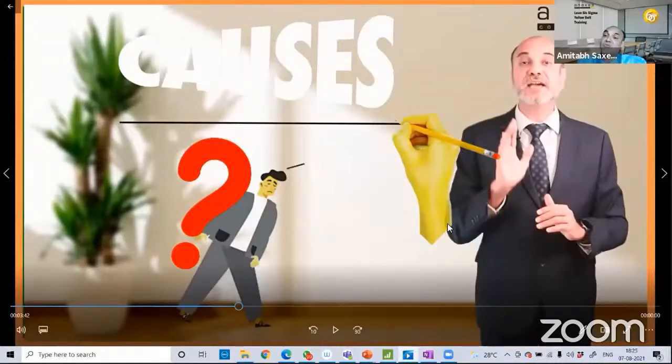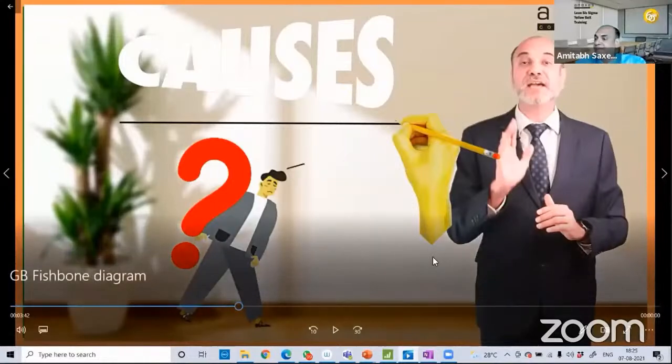Master black belts know how to roll out Lean Six Sigma. It is more management-related training: how to implement Lean and Six Sigma in an organization, how to manage multiple projects, how to train others. If you want to become a consultant or self-employed, that is for Master Black Belt.